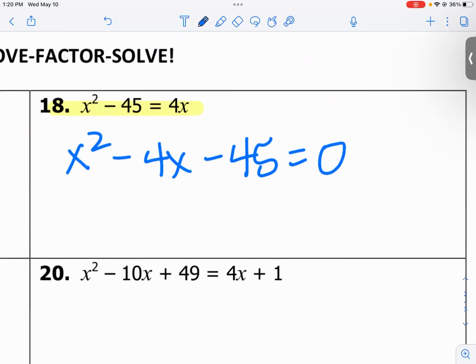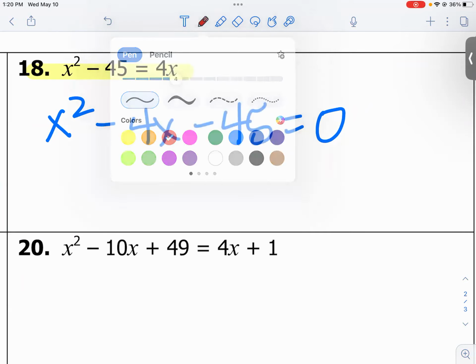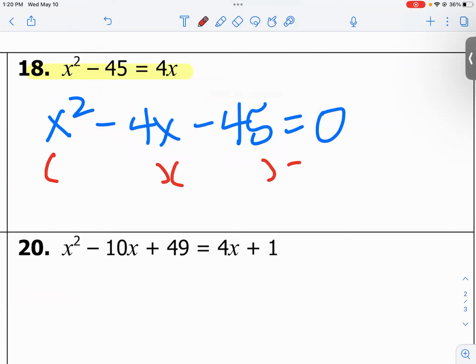Okay, let's look at number 18. If we set this equal to 0, do you agree with the blue equation I have up here? Okay, so Reagan, what did you factor this to? I need two numbers that multiply to -45 and add to -4.